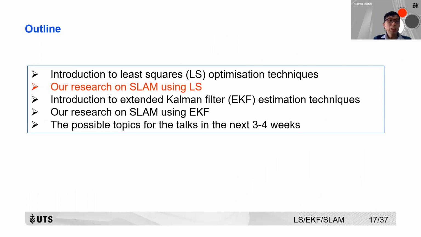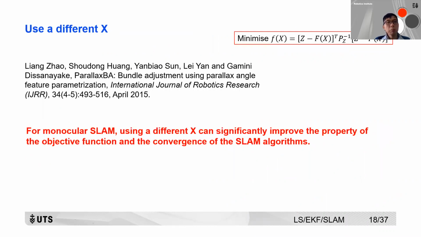Now I will briefly talk about our research on SLAM using least square. I mention only a few key papers we published. The first one is called Parallax BA, done by Liang and us.